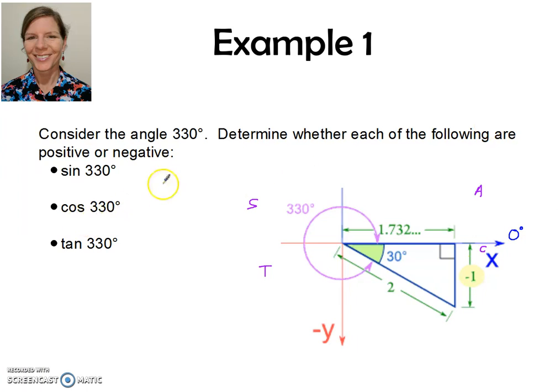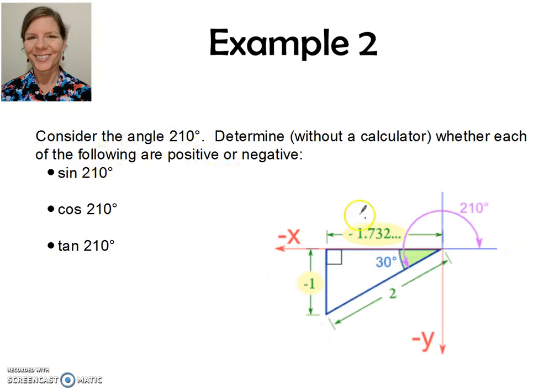Cos of 330 is positive, a positive x value. And tan is going to be negative because it's extended down here. So there's our cos value, there's our sine value, that's negative, and tan is extended down as well. So negative, positive, negative, using CAST.